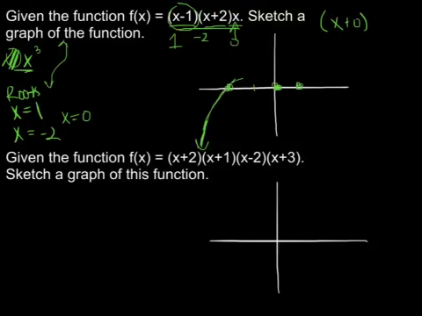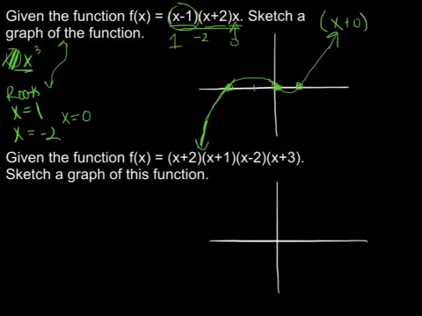Then I've got to intersect the x-axis again at 0. And remember, I've got to end up moving upwards, so it's going to then dip down below and move up. All right? We're going to go into more detail tomorrow about the specifics of what's happening at the roots, but for now, that is a really good sketch. Let's move on to the second one.